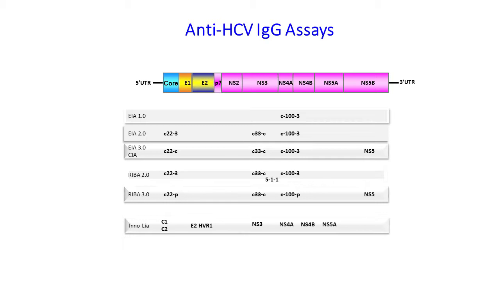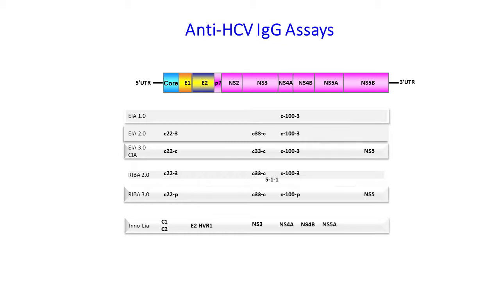With the development of second generation tests, additional antigens from core region, NS3, and NS4 were used. The third generation EIA and anti-HCV test currently used includes an additional antigen from the NS5 region and a reconfiguration of the core and NS3 antigens.